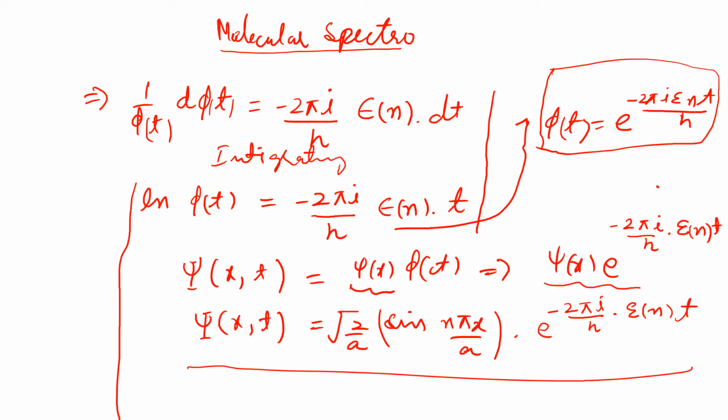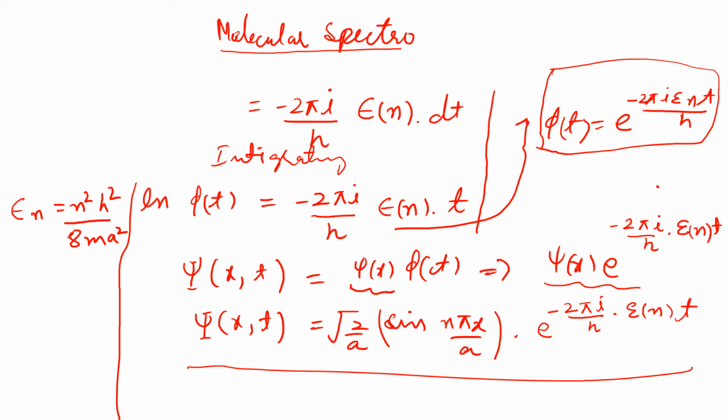Now the energy of the system: E n is given by n square h square by 8 m a square.